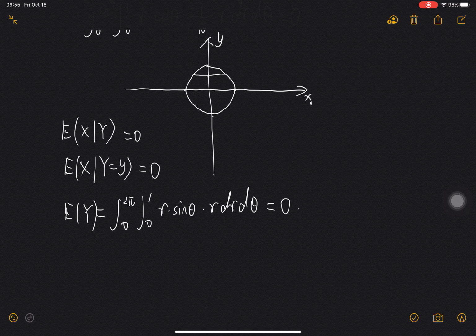Because, for example, when x equals this, we can draw a line here, and for the expectation of y given x equals a, y given x equals a is 0, right? So the conditional expectation of y is also 0.